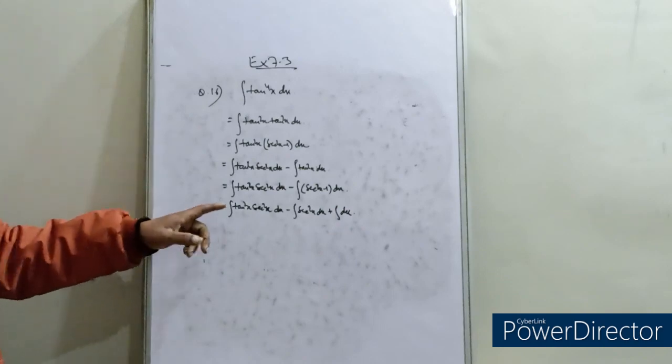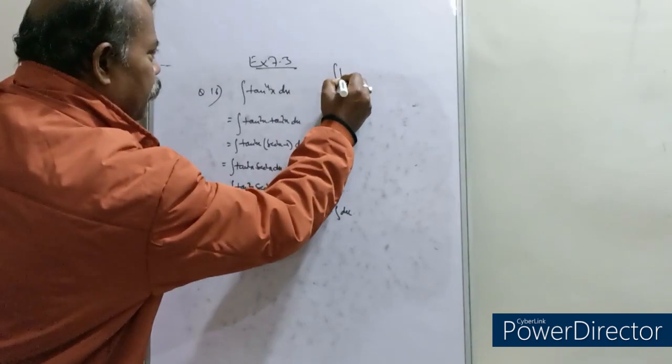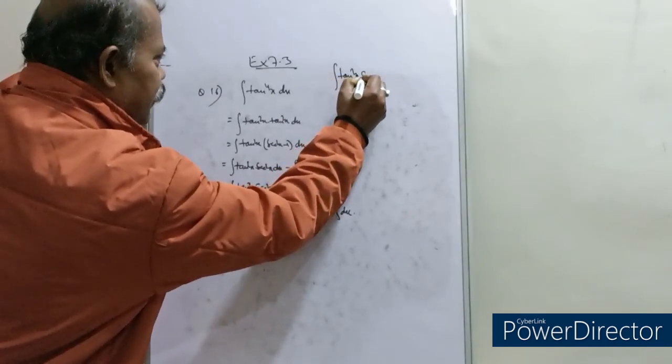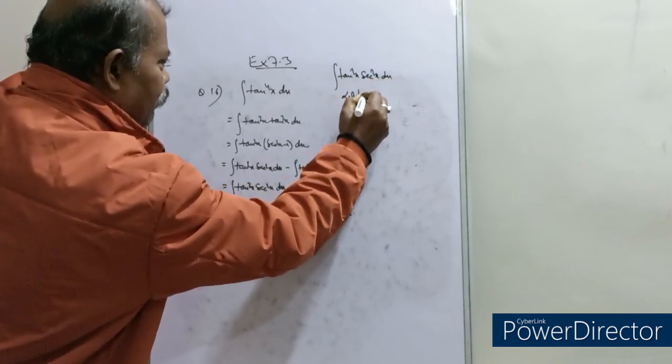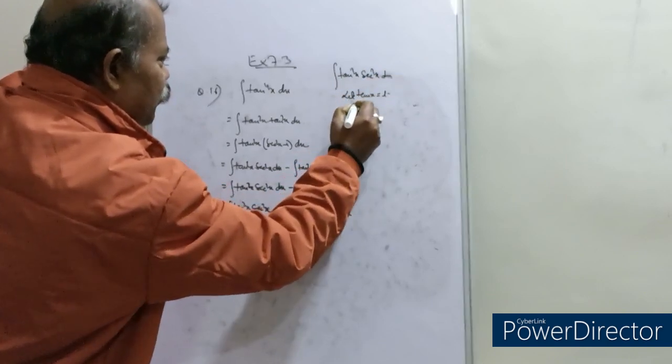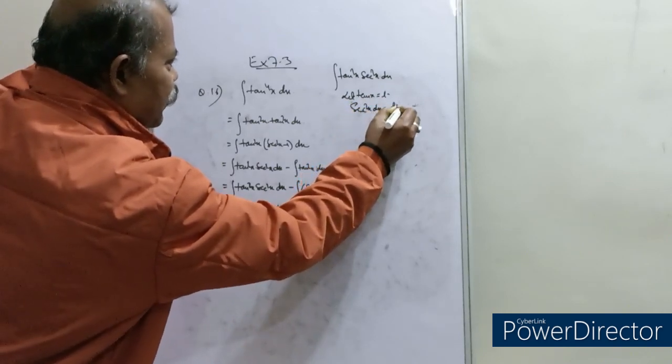For this, let me do the first term separately: tan square x sec square x dx. Let tan x equal t, so sec square x dx equals dt.